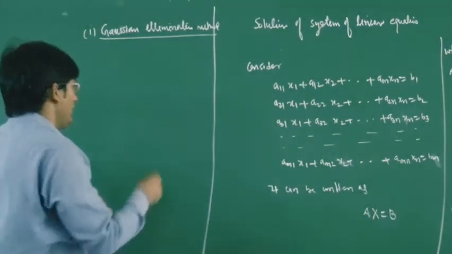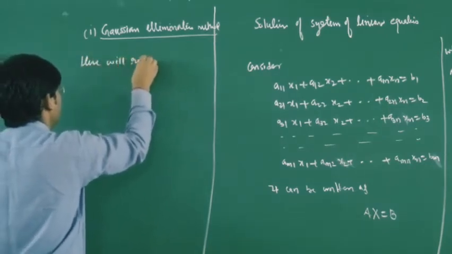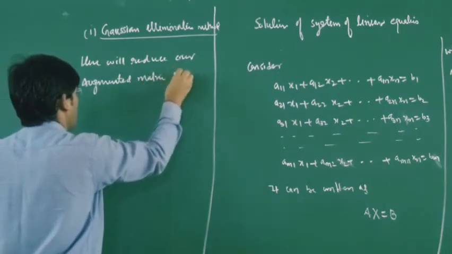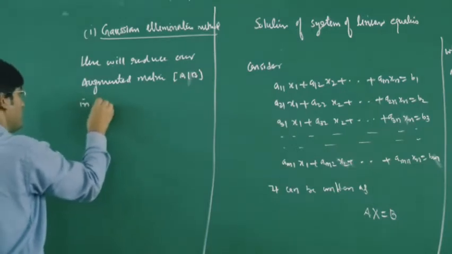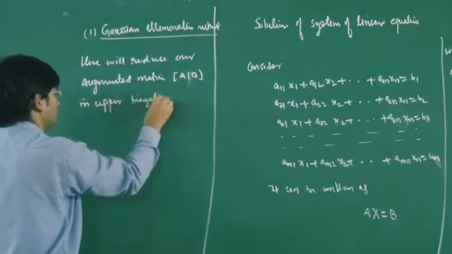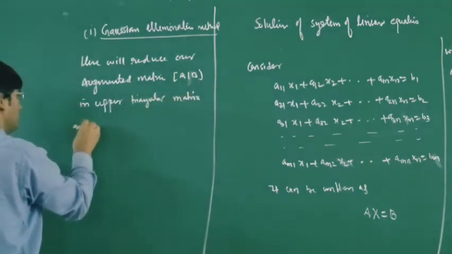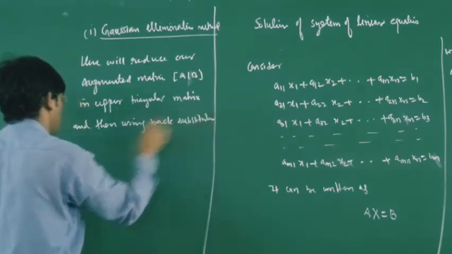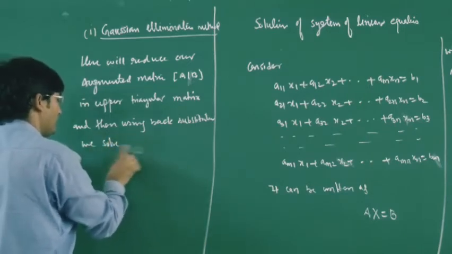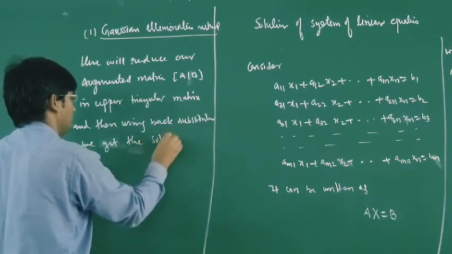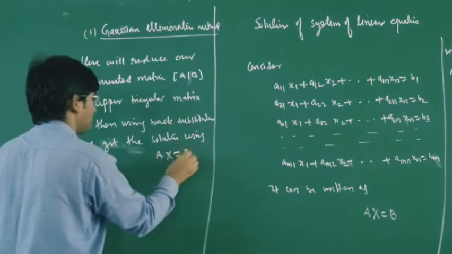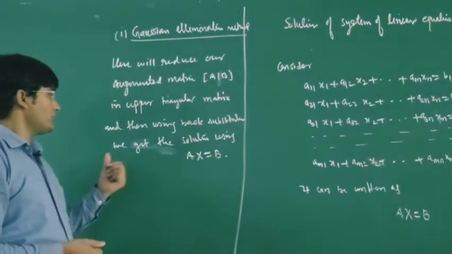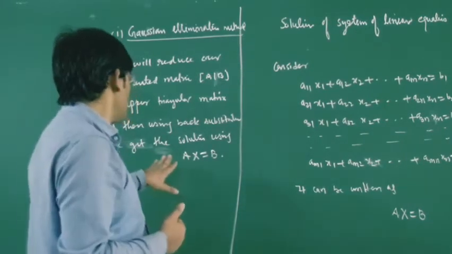So here we will reduce our augmented matrix AB to an upper triangular matrix, and then using back substitution we solve AX equal to B and get the solution of this system of linear equations.